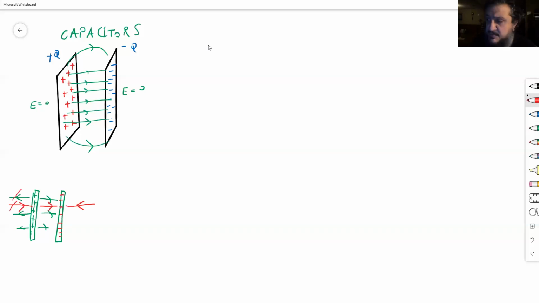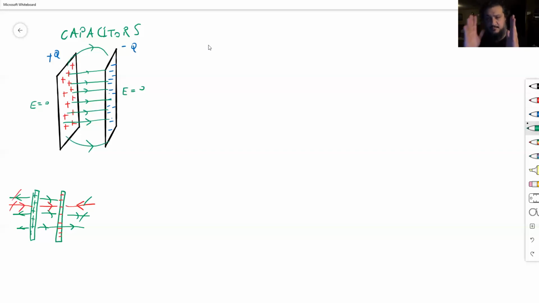Using the same principle, we can extend these green lines to this side, which will cancel those. So that could be an argument you can use to see why the electric field is supposed to be 0. In real life, there may be some field, but we're going to ignore it in this example.